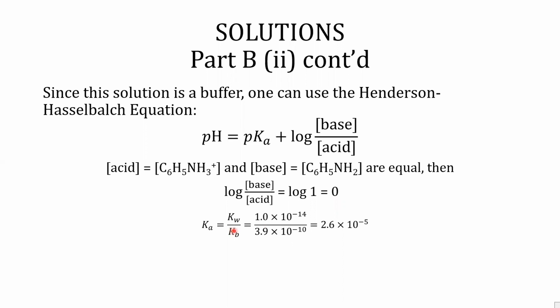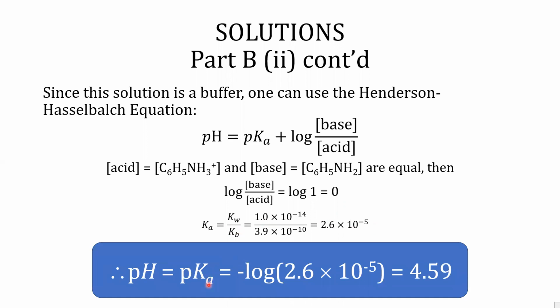Ka of C6H5NH3+ equals 2.6 times 10 to the minus 5. Therefore, pH equals pKa, or the negative log of 2.6 times 10 to the minus 5, which equals 4.59.